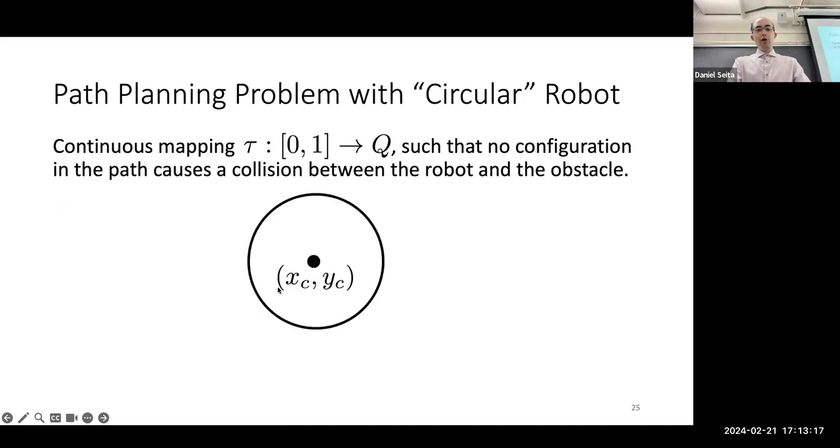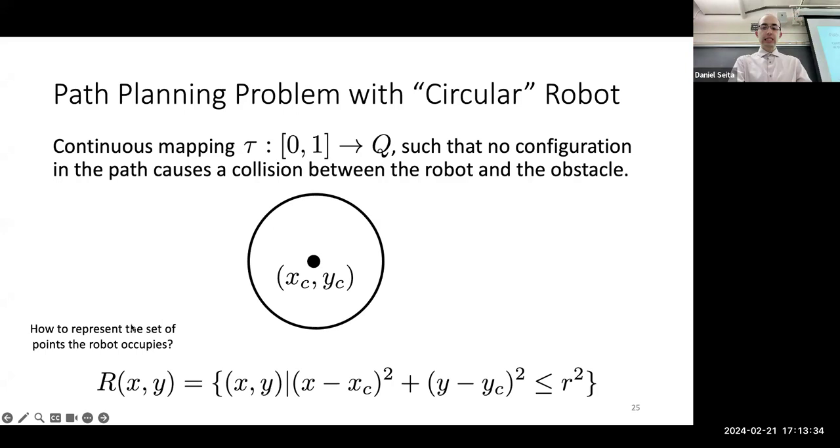So we have our circular robot, centered here. To represent the set of points that the robot occupies, you can mathematically denote it as something like this.